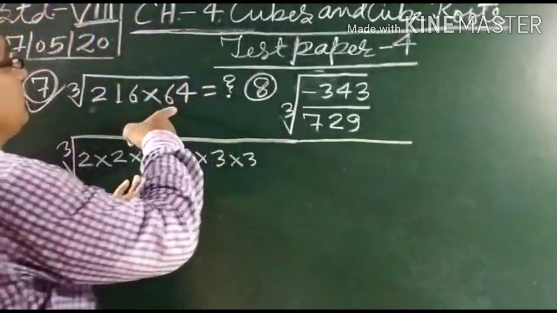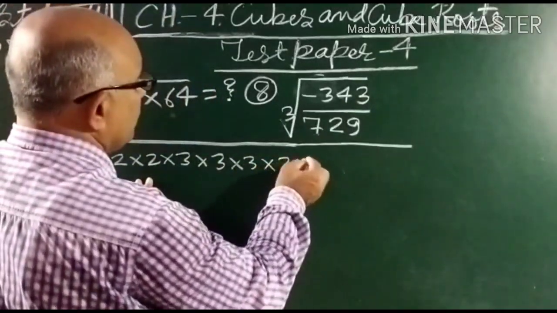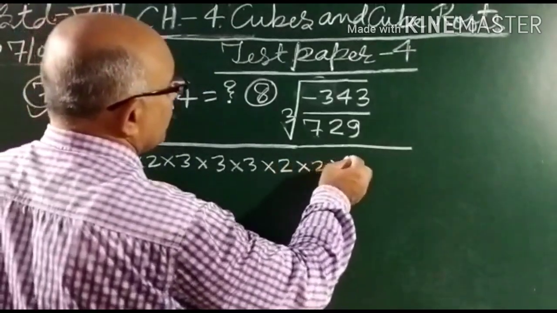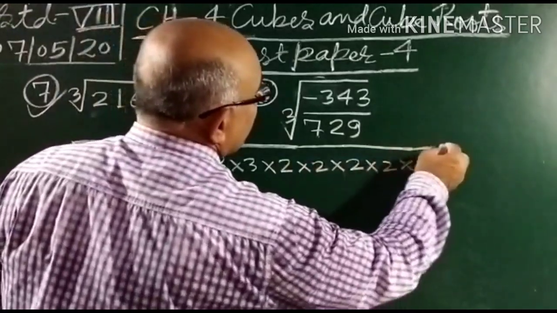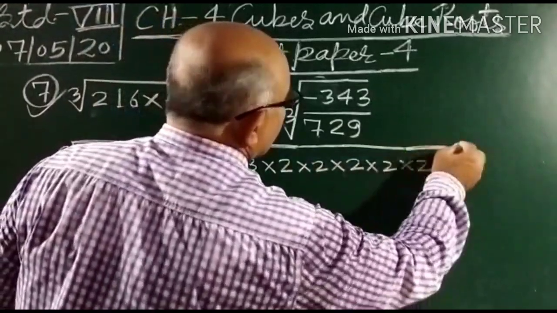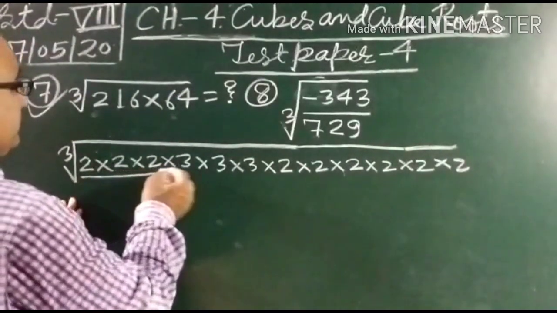Now the prime factors of 64: 2 into 2, 2 into 2, again 2 into 2. Make a triplet.